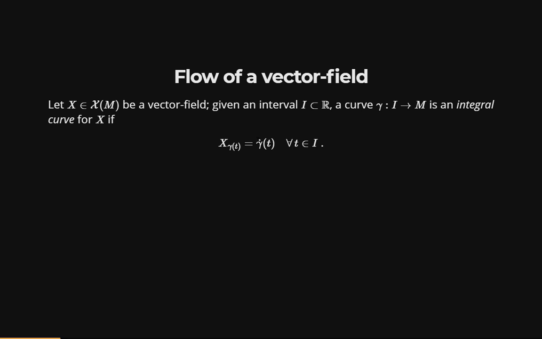In some sense, it moves following the vector field. If you think about the vector field being a field of velocities for a fluid or whatever you want, the integral curve is the trajectory of a mass point subject to that velocity field.